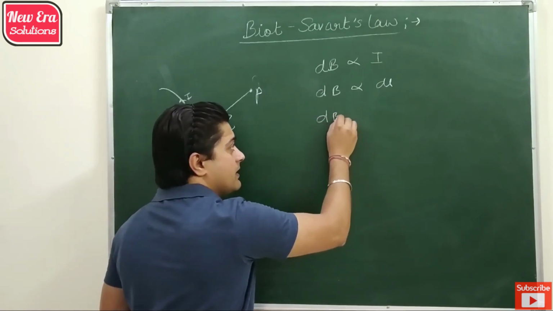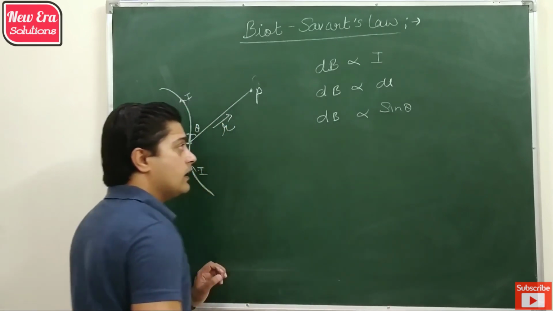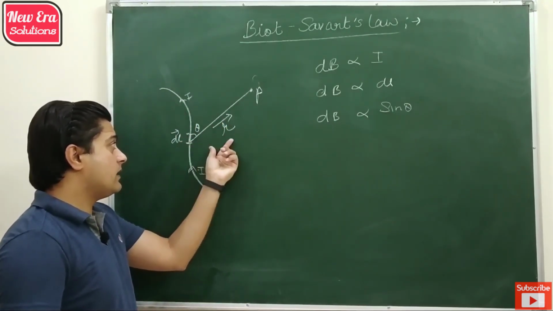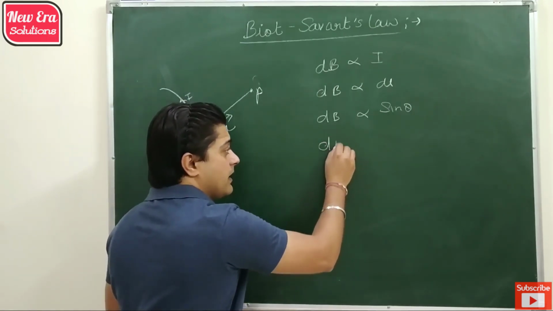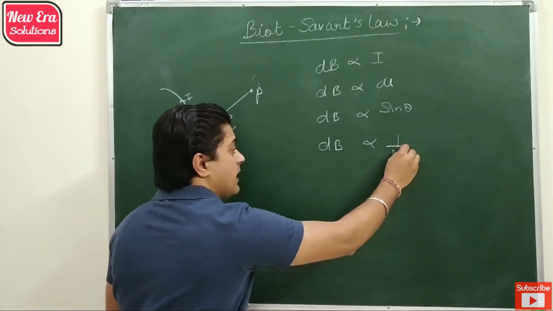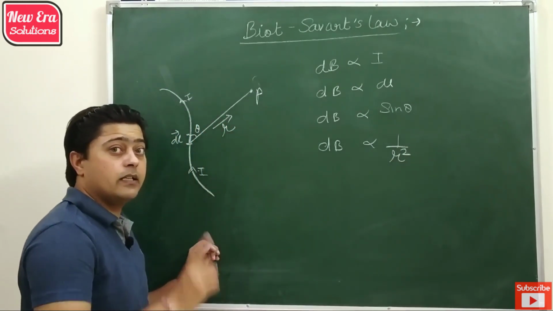Third, it is directly proportional to the sine of the angle made between the displacement vector and the current element. And last, it is inversely proportional to the square of the separation between the point and the current element.